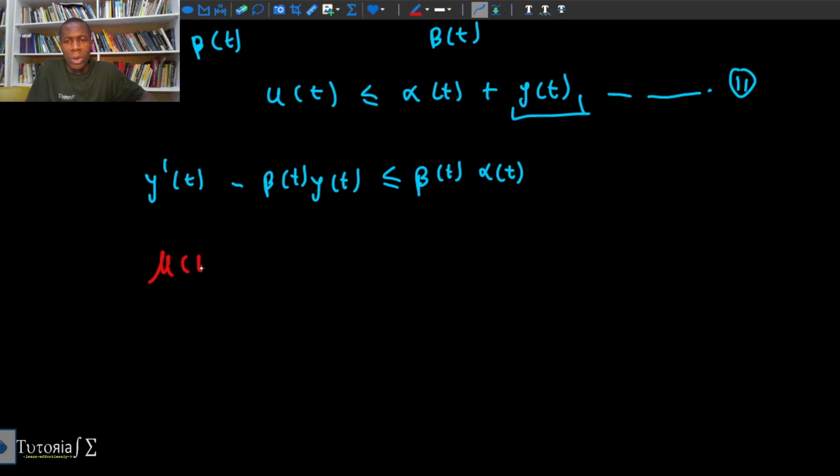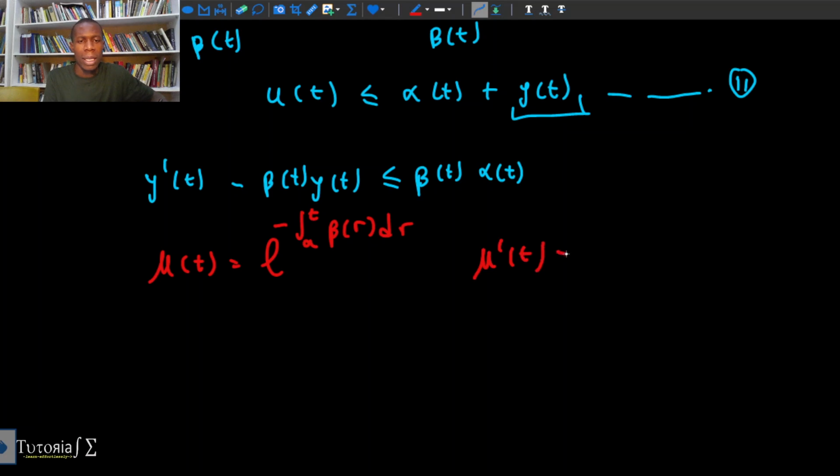I'm going to introduce mu of t being equal to the exponential of negative integral from a to t of beta of r dr. Remember, differentiating the exponent is just differentiating the power.